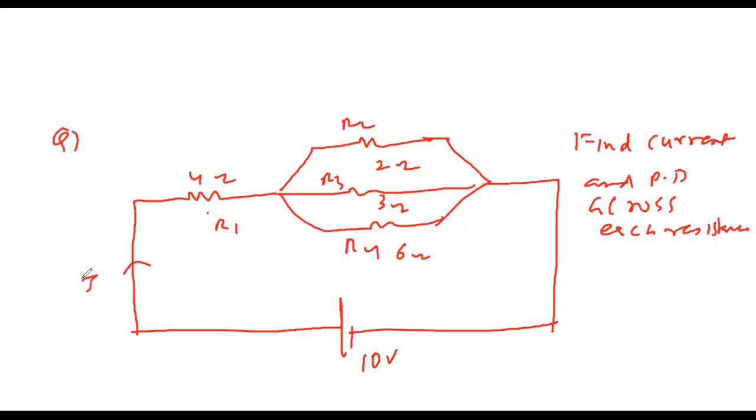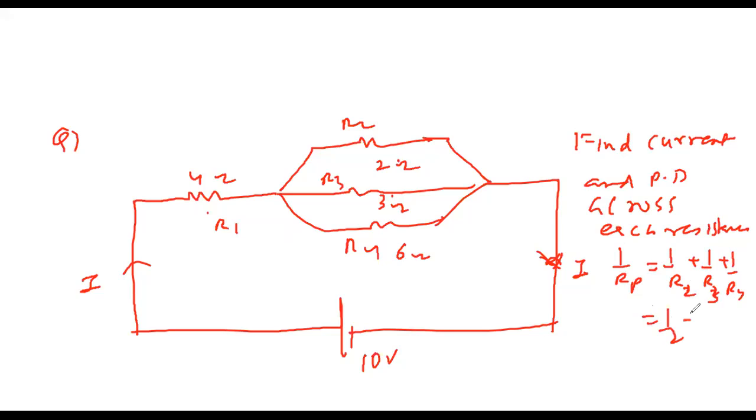See, this is I, but it's the total current. If I want total current, then first I should find total resistance. 2, 3, 6 are in parallel. 1 upon R parallel is 1 upon R2 plus 1 upon R3 plus 1 upon R4.